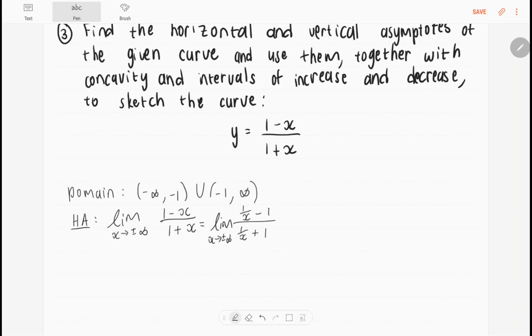Right. So now, if x approaches plus or minus infinity, 1 over x, what's going to happen? It's going to go to 0. So we're going to have 0 minus 1 over 0 plus 1, which gives us minus 1. So y equals minus 1 is a horizontal asymptote.